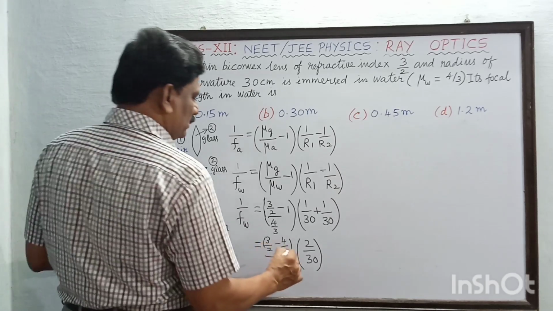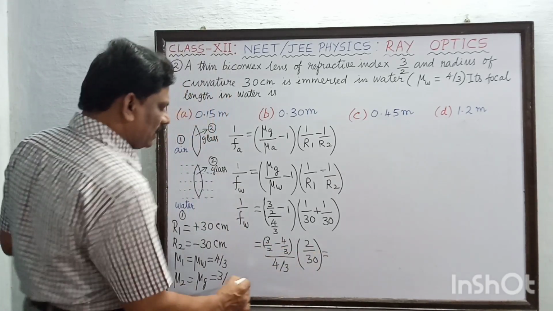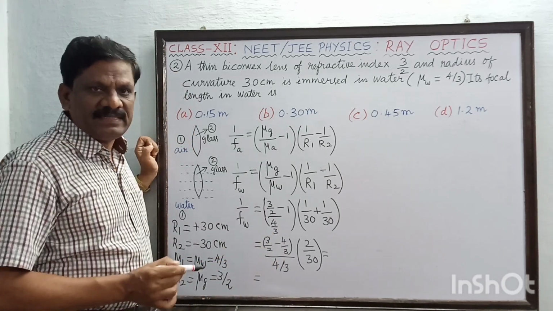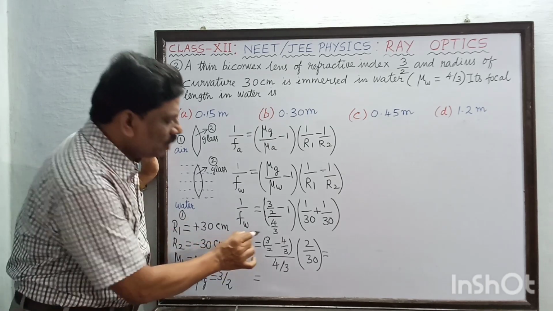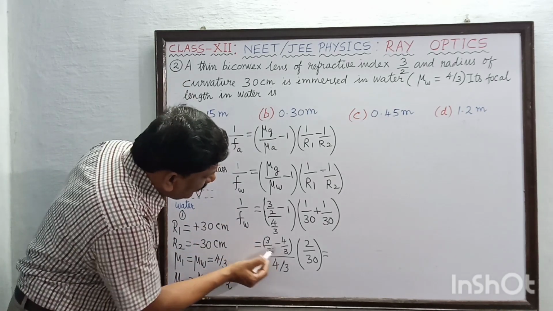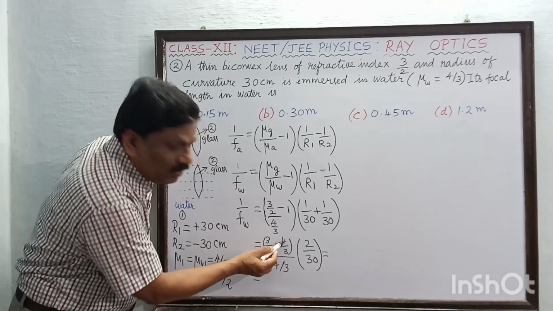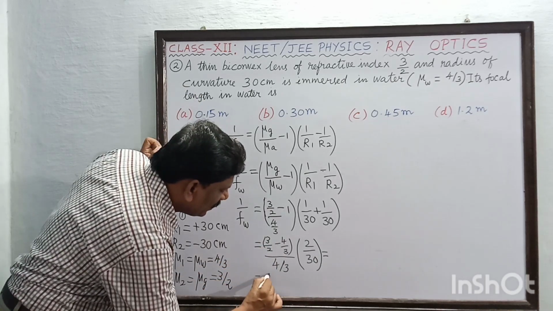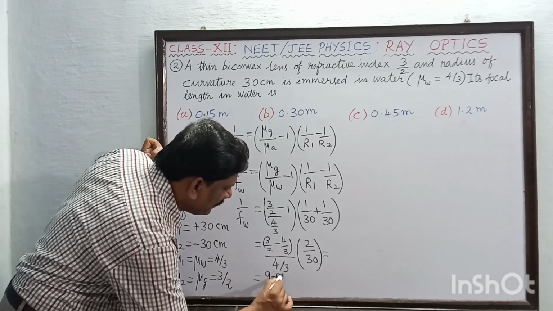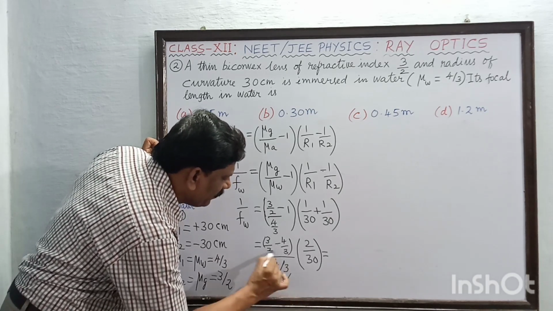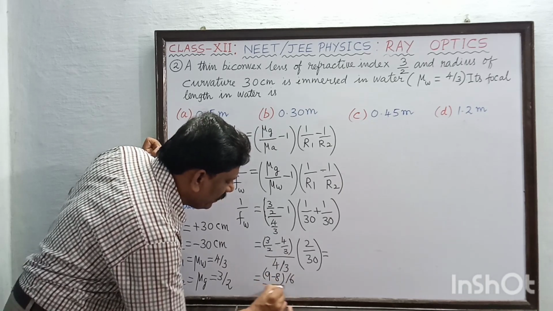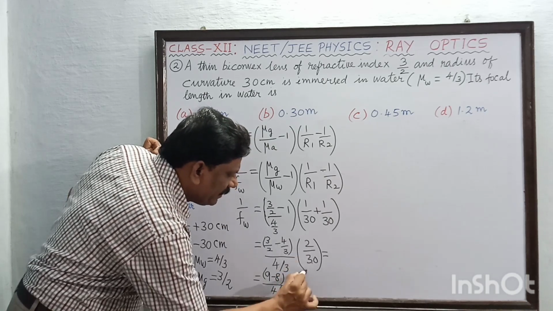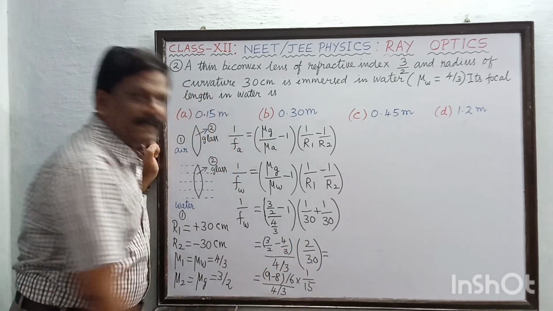Now this is once again equal to, in the numerator alone you have to take the LCM. Patiently you have to do the stepwise calculation. So 3 into 3 is 9, minus 4 into 2 is 8, divided by 3 2s are 6, whole divided by 4/3, into 2/30 which can be written as 1/15.